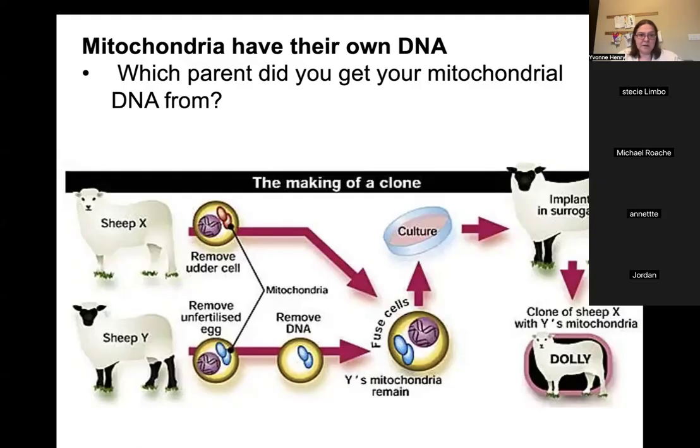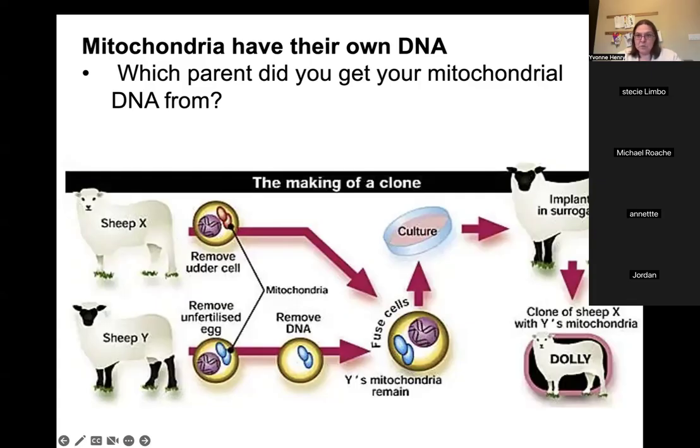So they took like a skin cell, they took a nucleus out of the skin cell, they put it into the egg of another cell, but that egg has mitochondrial DNA from the original donor of the egg, not the same as the chromosomal DNA that was taken from the skin cell.